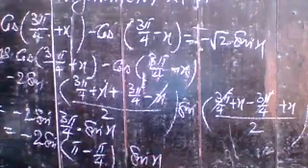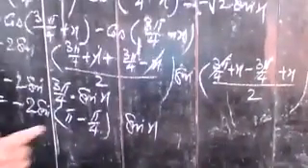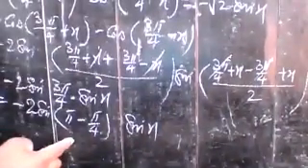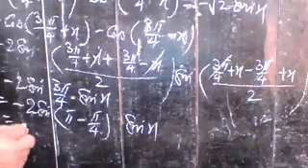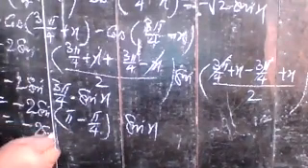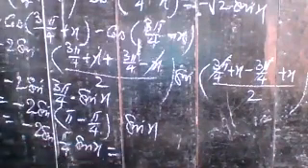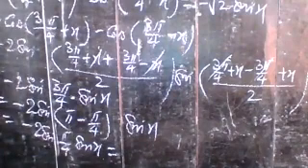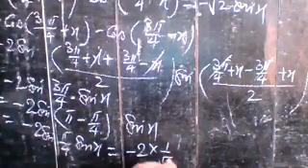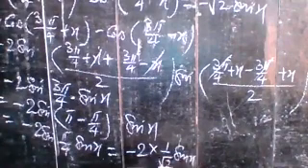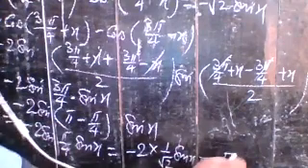Now, in which quadrant does it lie? Pi minus pi by 4, that is in the second quadrant. In the second quadrant, sine is positive. So you can write minus 2 sine pi by 4 into sine x. And you know the value of sine pi by 4. So that is minus 2 into 1 by root 2 sine x. So that is equal to minus root 2 sine x.